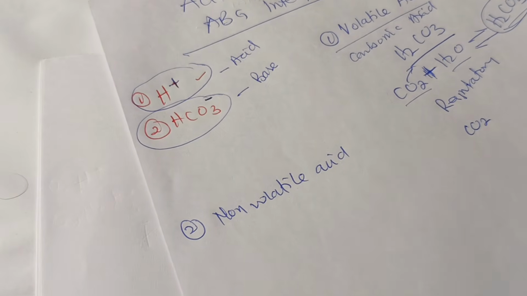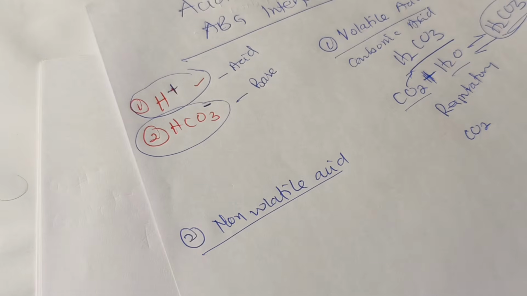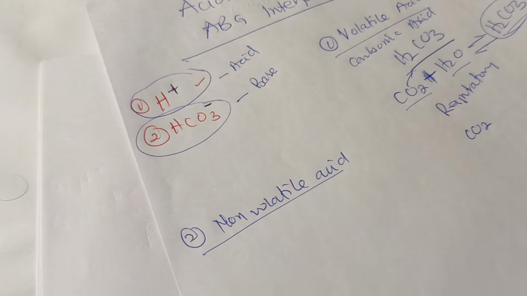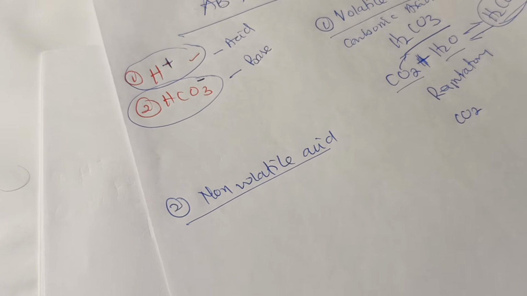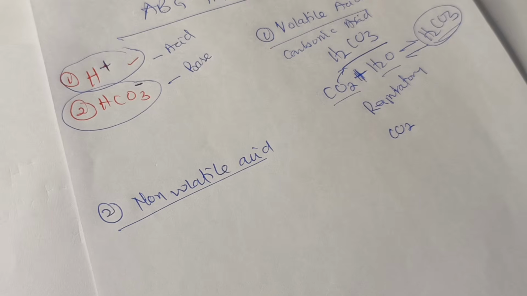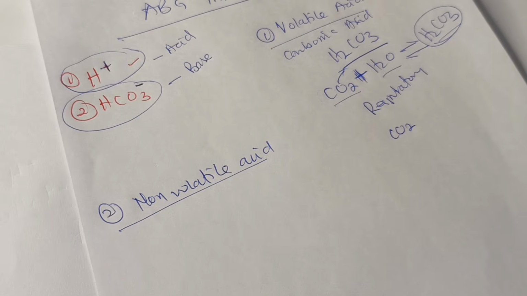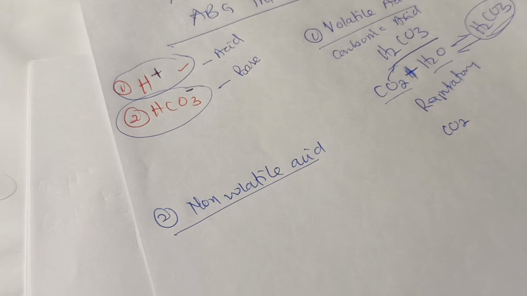Now, there are other acids in the body. So that's about the volatile. There are other types of acid that are the non-volatile acids. These are not eliminated by the respiratory system. They are also in the body, and they must be metabolized or excreted from the body in fluids.